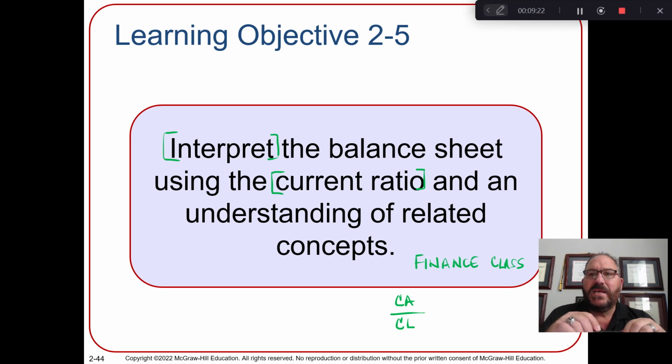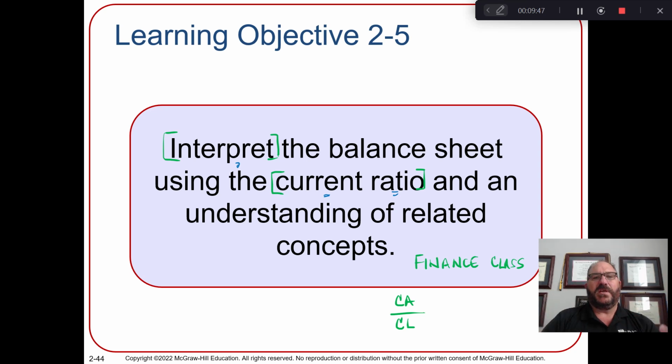All right, last item we're going to take a look at here is something called the current ratio. Okay, the current ratio. Now, here we're going to interpret what the balance sheet says, right? So basically, this is a finance type thing. So the folks in finance, what they do is they take the work that we do, and they have certain ratios that tell you, is this a strong business? Is it not a strong business? How are they doing?